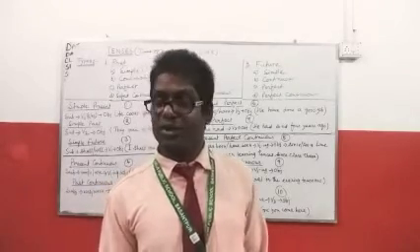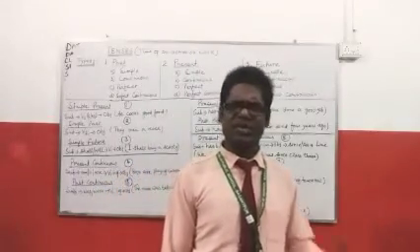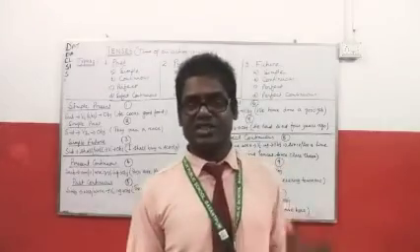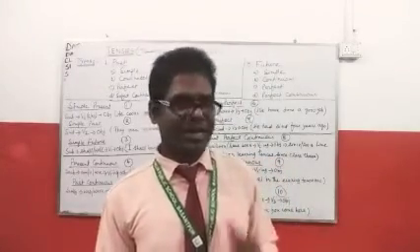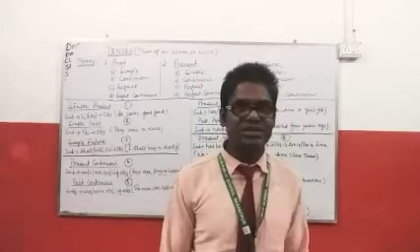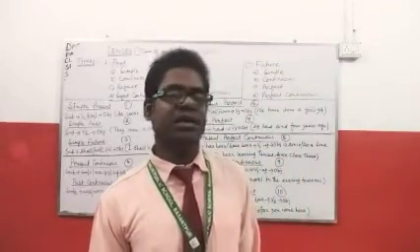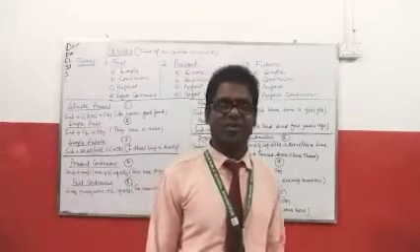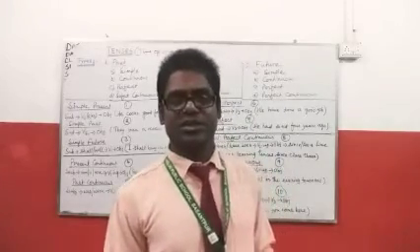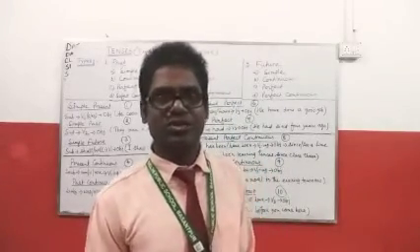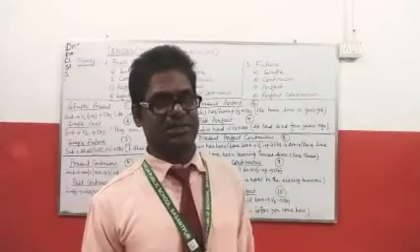S or es. If the action word ends with a consonant letter, we must add s, and if the action word ends with a vowel, we must add es to the verb.